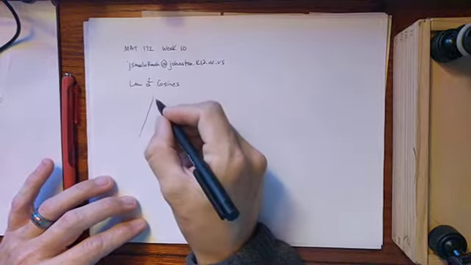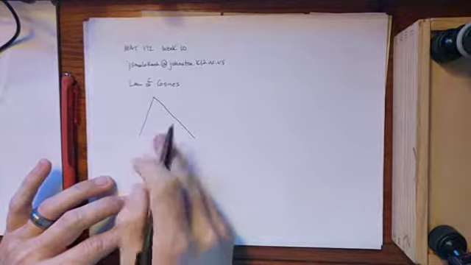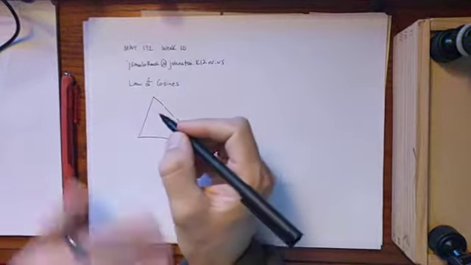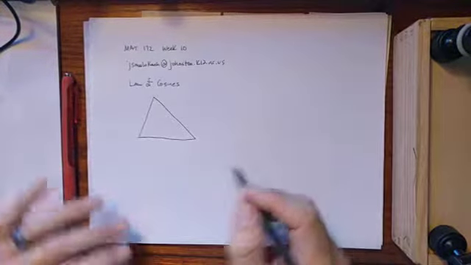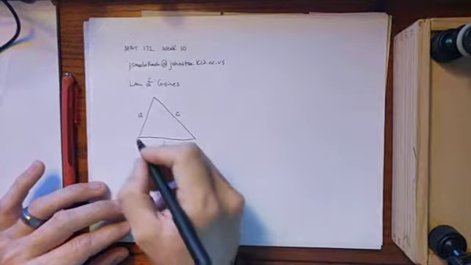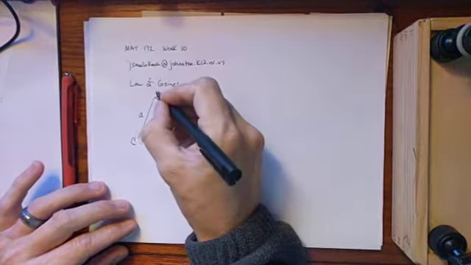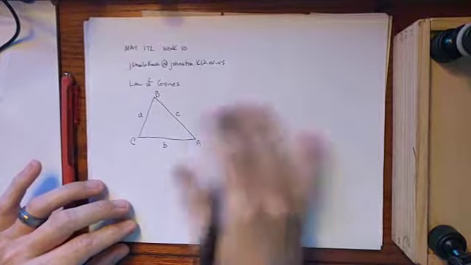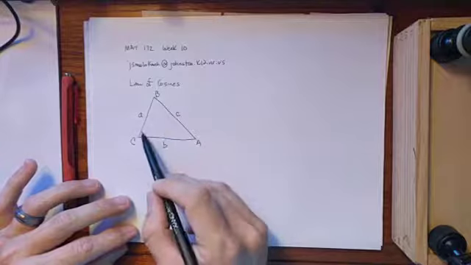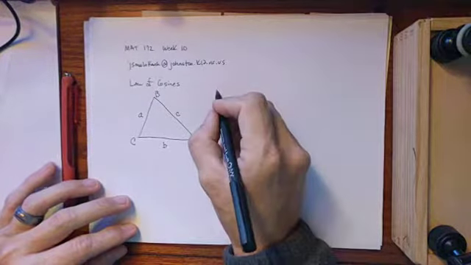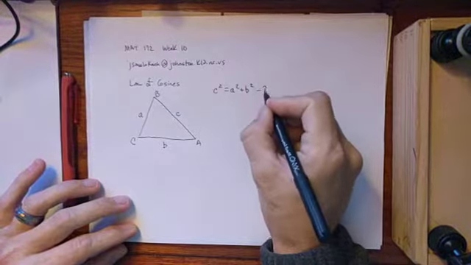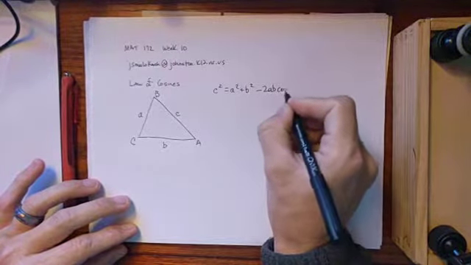Say we have a triangle with three sides, which we call A, B, and C. This would be angle C, this would be angle B, and this would be angle A. The law of cosines says that in any triangle, regardless of the size of the angles, c squared equals a squared plus b squared minus 2ab times the cosine of angle C.